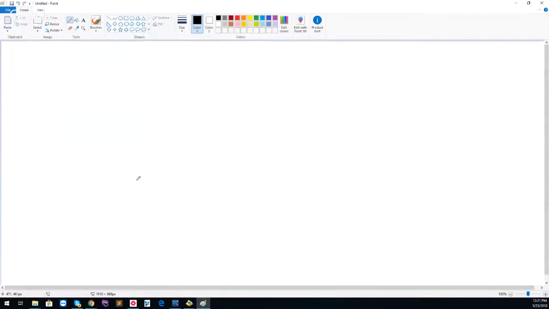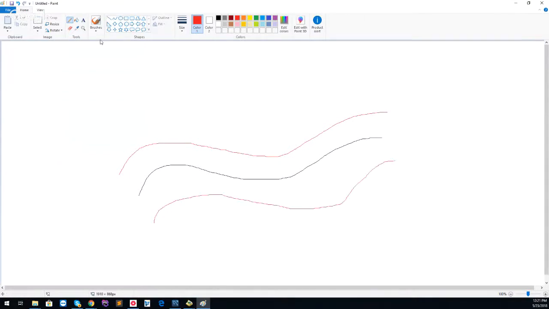Let's say that is our moving average, and let's say that is the outside line, and that is the below line. So let's see if we can draw candles here. So now we have a candle.